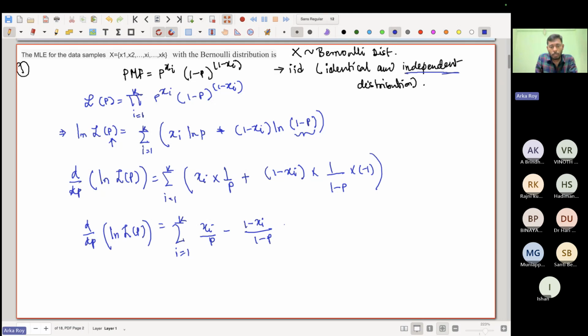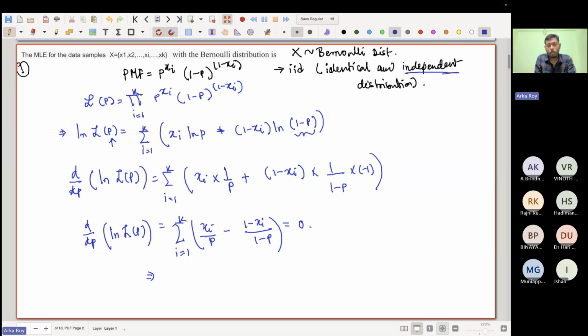To maximize this, we have to equate this whole thing with 0. Now p is independent of the summation, because the summation index i refers to the sample points.